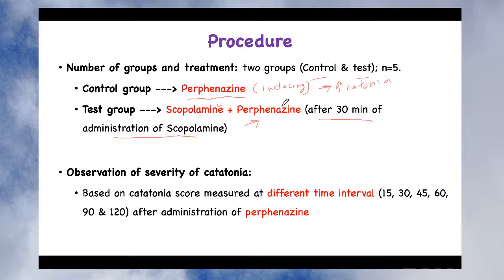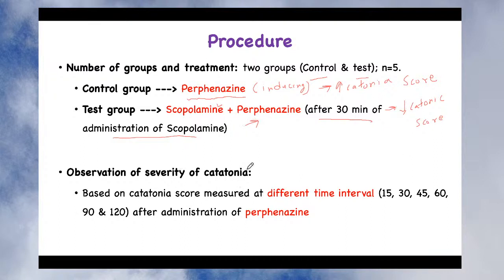So just remember, when you give only perphenazine, you will see an increase in catatonic score. When you have given scopolamine before the treatment with perphenazine, you can see a clear decrease in the score of catatonic activity. Okay, so the catatonic score is decreased because here you have given scopolamine, which has anti-catatonic or anti-Parkinson activity, isn't it? Since you have given that, it will decrease the catatonic score.